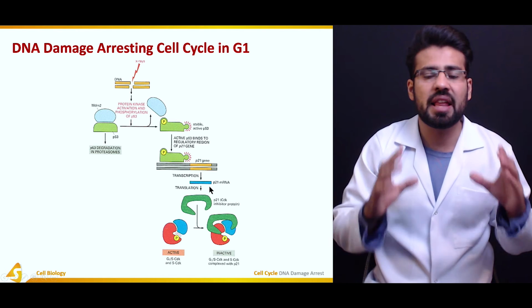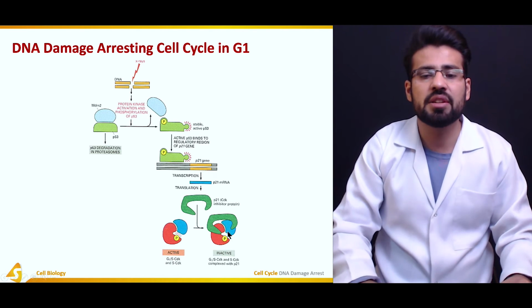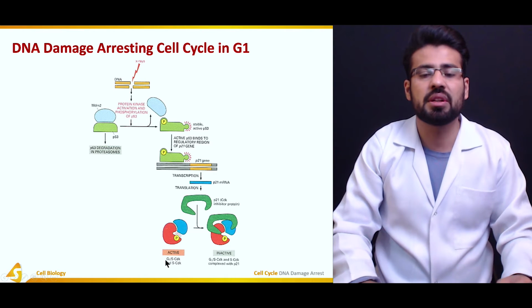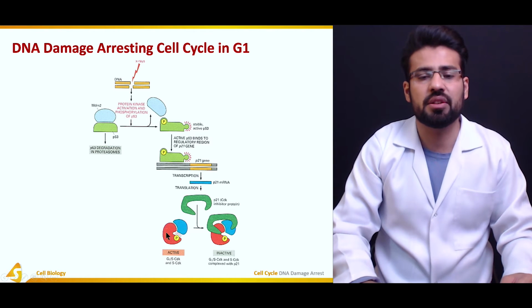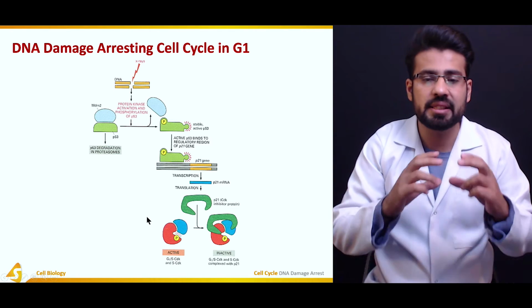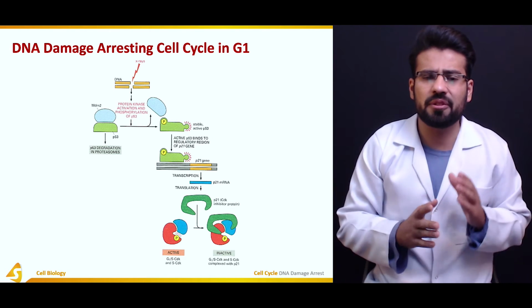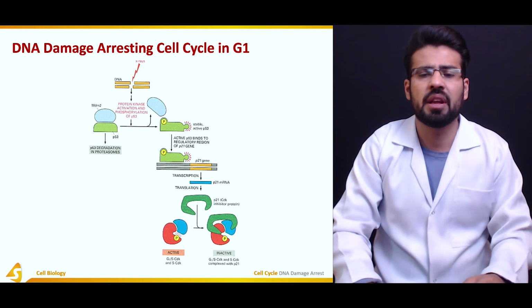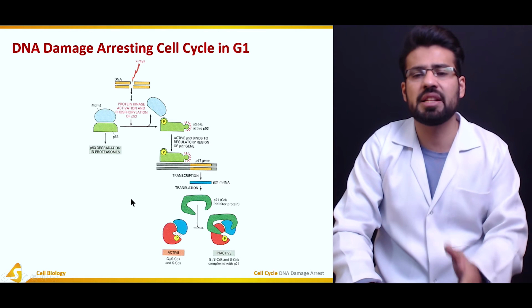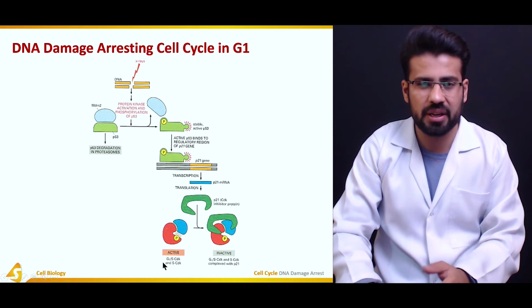That p21, which is basically the CDK inhibitory protein, is going to cause the inactivation of the G1-S cyclin at this stage, arresting the cell cycle so that it does not enter the synthesis phase, because some kind of damage was observed. So the cell cycle arrest would occur in the G1 phase, where G1-S cyclin CDK complexes would be terminated, rendered inactive.